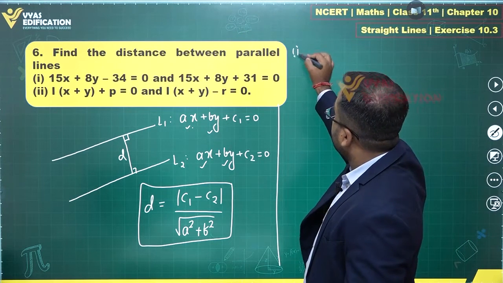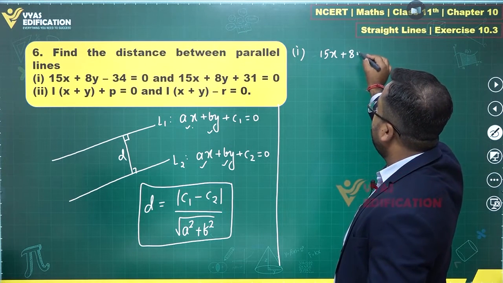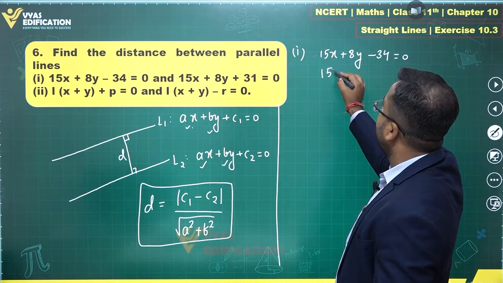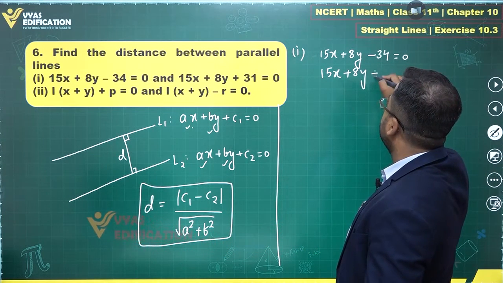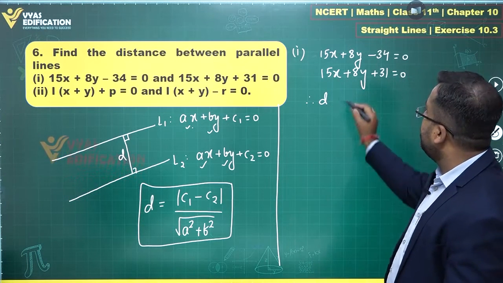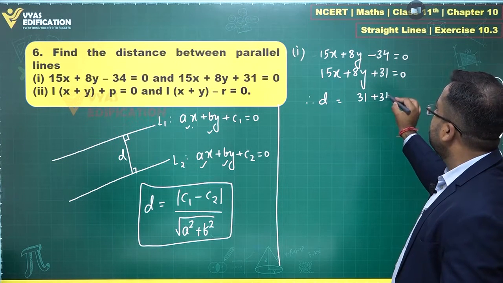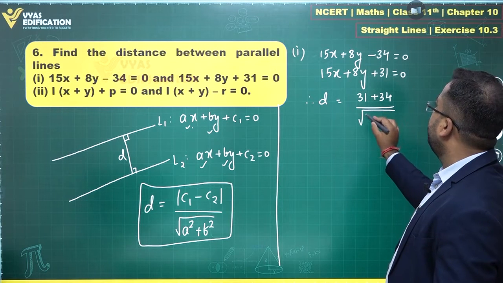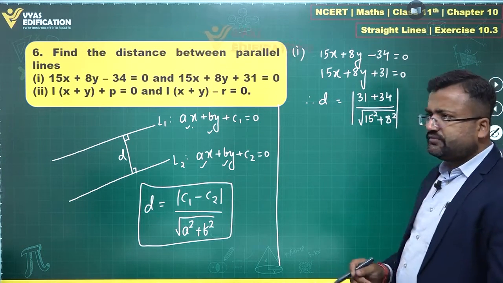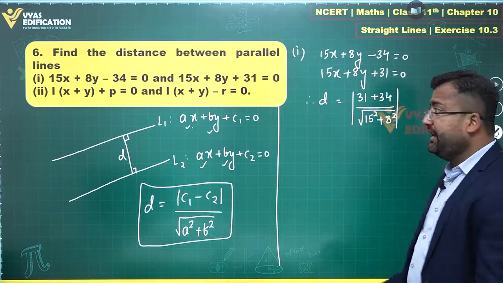Let's talk about the first part. We have 15x plus 8y minus 34 equals 0. Another line is 15x plus 8y plus 31 is equal to 0. Therefore, the distance between the parallel lines will be the modulus of 31 minus (minus 34), upon the square root of 15 square plus 8 square. 15 squared is 225 and 8 squared is 64, which becomes 289, which is 17 squared.